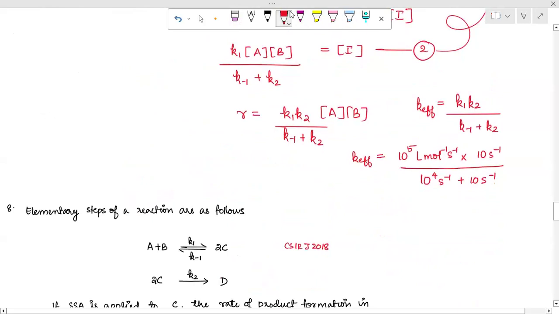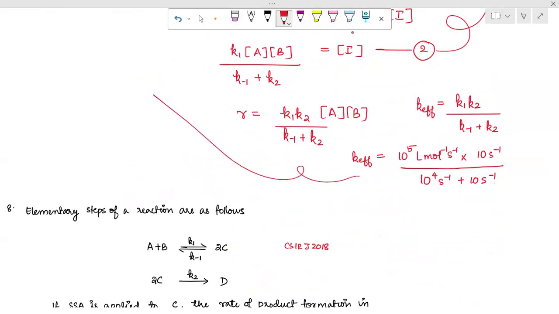Now if I solve this, 10 to the power 5 into 10 is 10 to the power 6 liter per mole per second squared, divided by, 10 is common over here, I take that out, so I get 1000 plus 1, 1001 per second. So per second gets cancelled, and the 10 over here and 10 over here also get cancelled. So what I have is 10 to the power 5 divided by 1001.